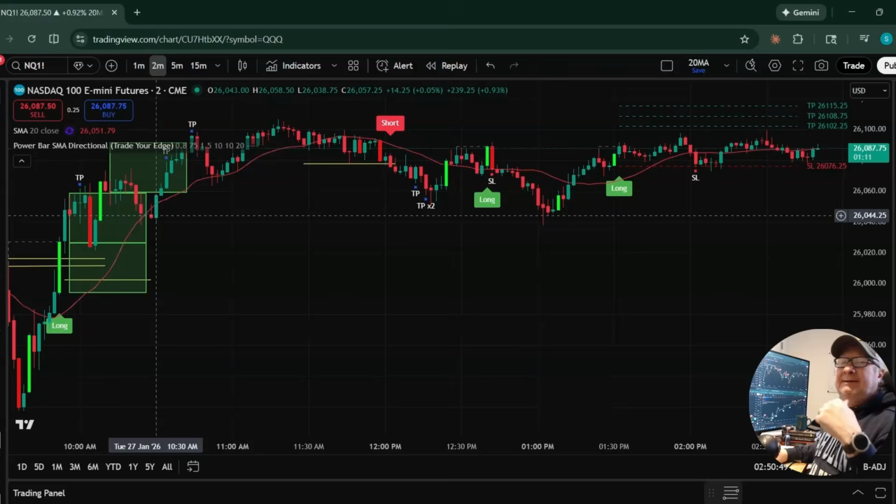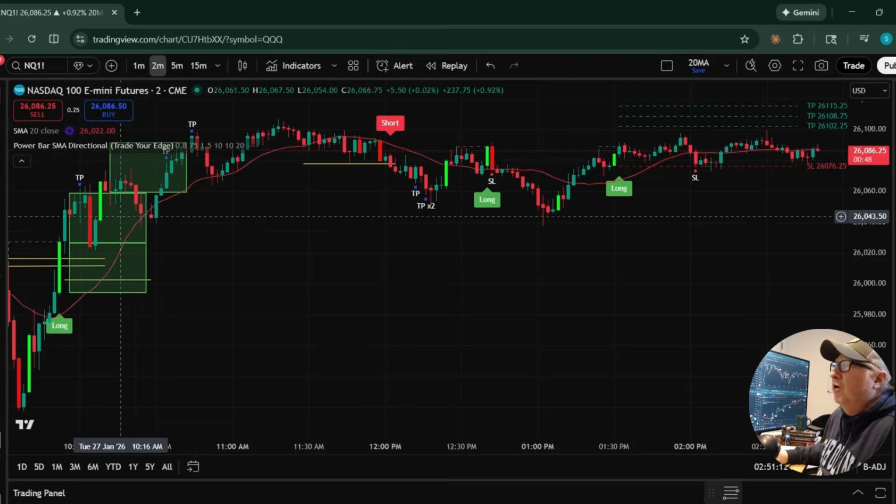So when you take a loss with a power bar setup, which most of the time happens when we're in chop, that chop, while it stinks to take the loss, is going to keep the loss small. And I'll show you an example of that as we keep talking.